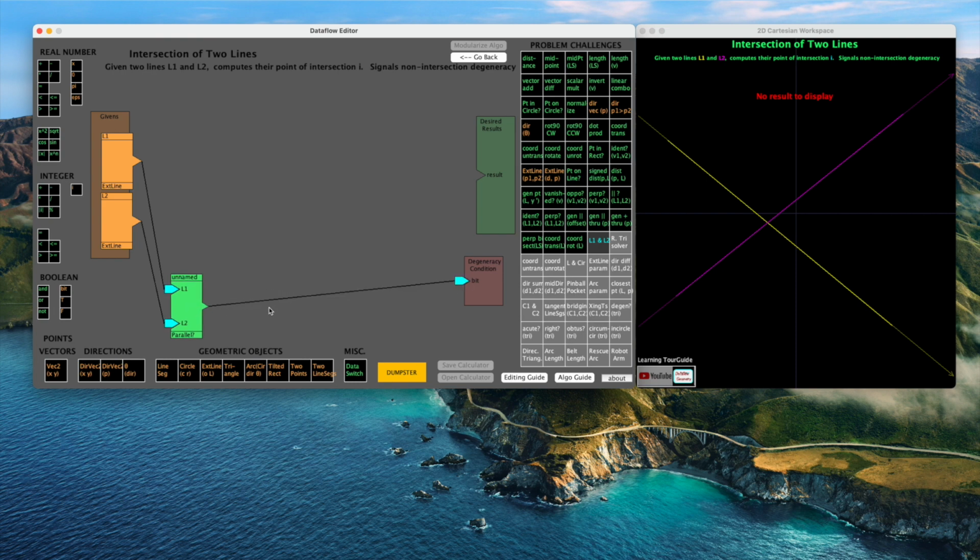Okay, so now all that's left, and I'm being a little facetious saying all that's left, is to calculate this intersection point. And so it's not real obvious where to start with this, and it looks a little bit complicated.